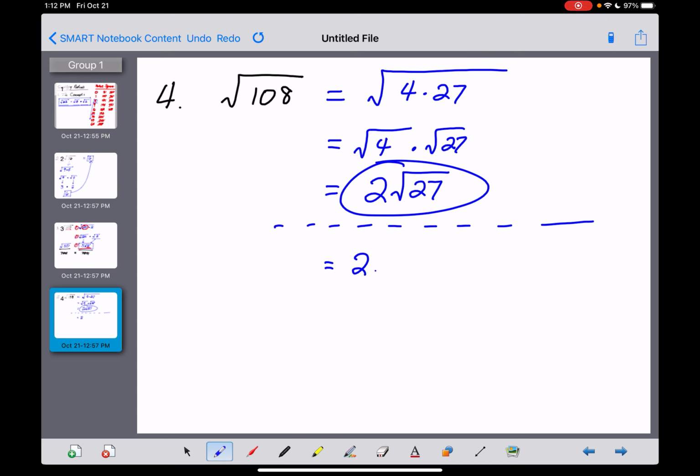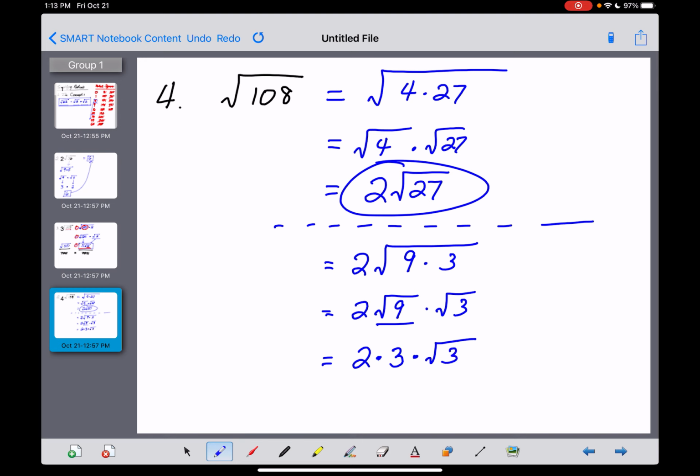There's a 2 out in front, but now the 27 can be split up into, maybe you saw it, what perfect square goes into 27? That's 9 multiplied by 3. So now you'll make that 2 times the square root of 9 times the square root of 3, and that square root of 9 can be evaluated or simplified. This is 2 times the square root of 9, which is 3. And you can't do anything with the square root of 3.